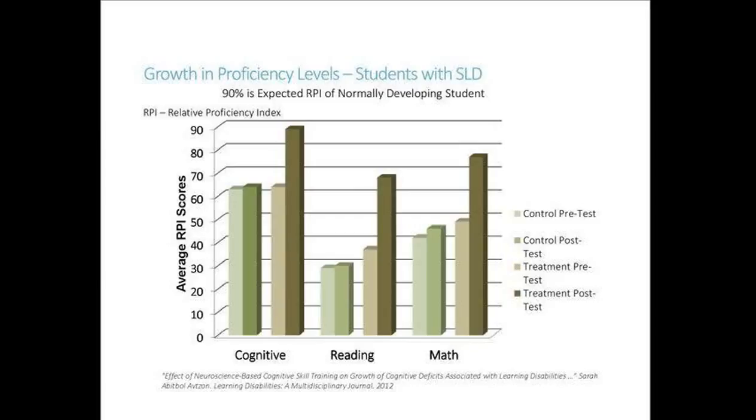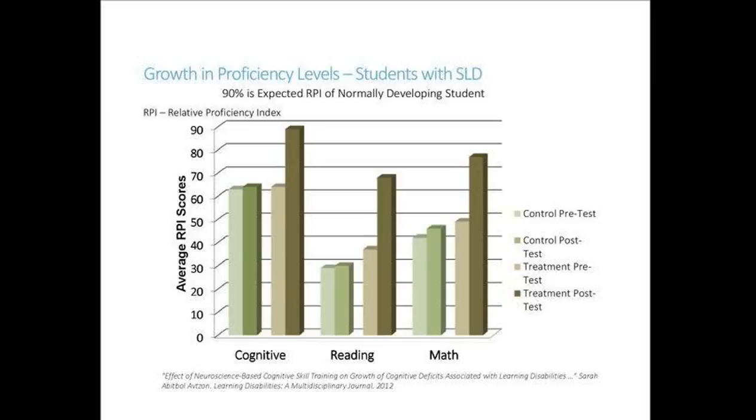So she used the Woodcock-Johnson cognitive battery as the pre and the post test. You all may be familiar with that. What she did was turn the scores into something called a relative proficiency index, where 90%, so this upper line here, is the level that is considered to be appropriate of a normally developing student.